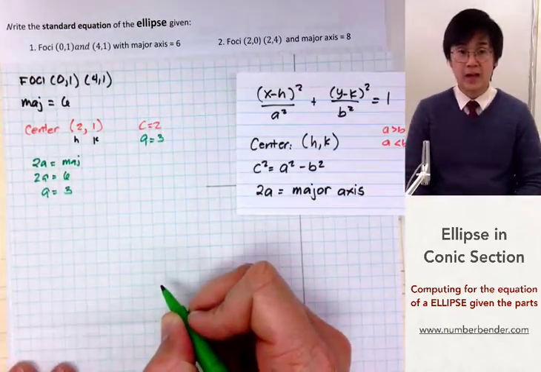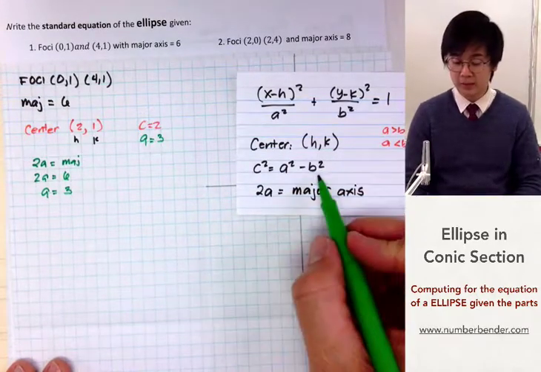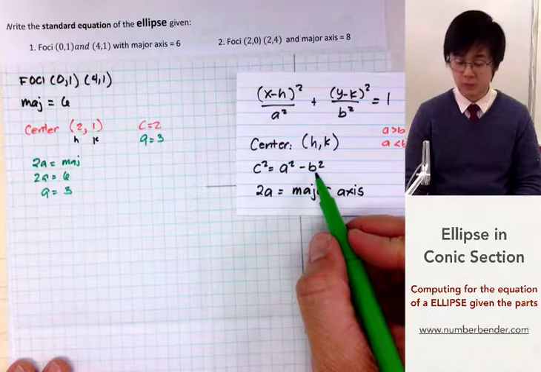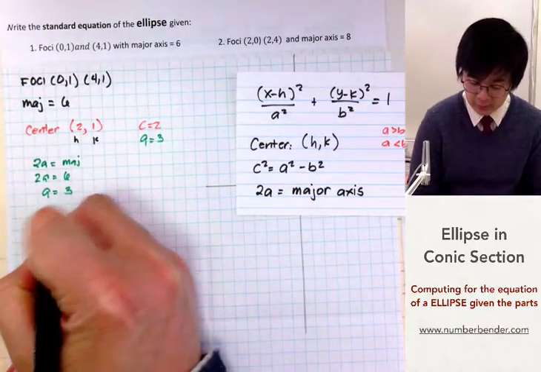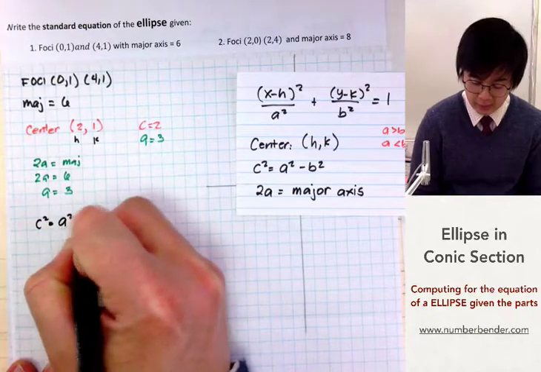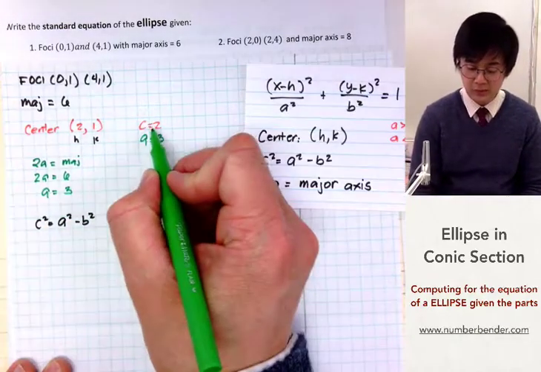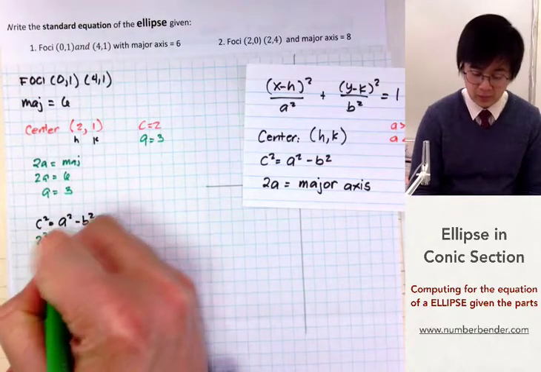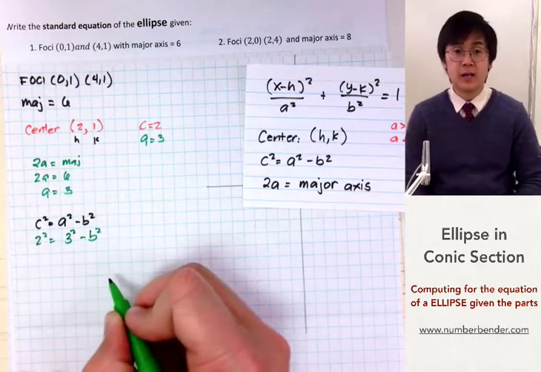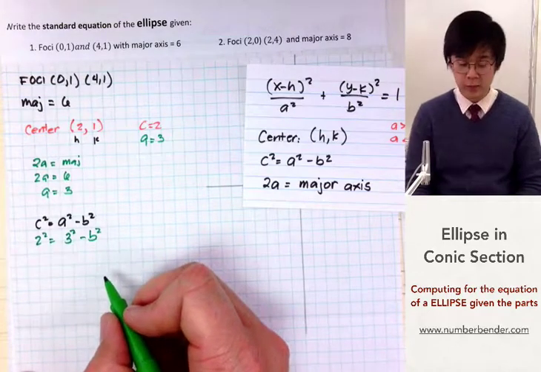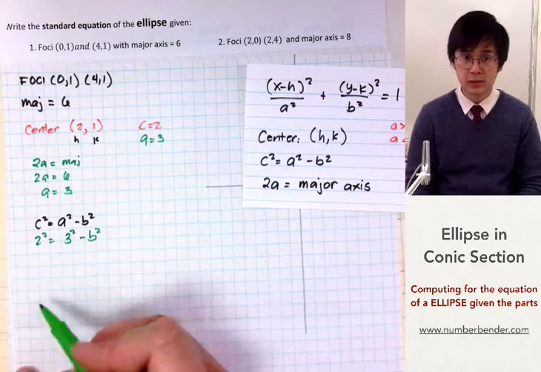So now that we have our c and a, we can find the variable b, which is needed in our standard form, by using the formula c squared equals a squared minus b squared. By direct substitution, c is 2 and a is 3, so 2 squared equals 3 squared minus b squared. By solving for b squared, we'll be able to find the denominator in our equation.